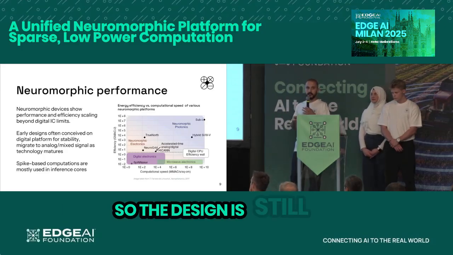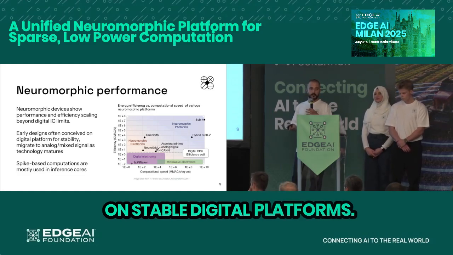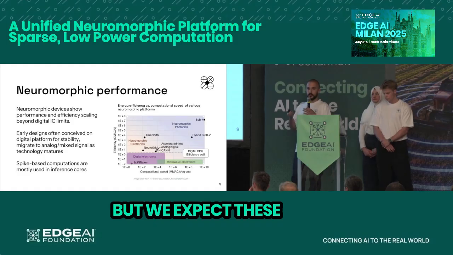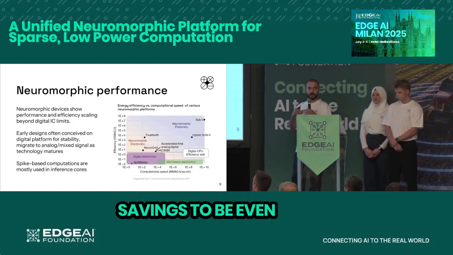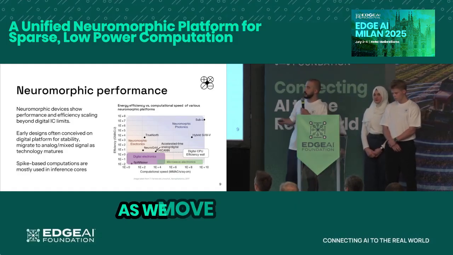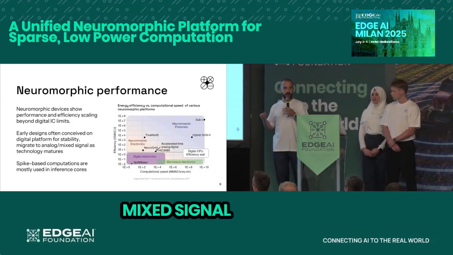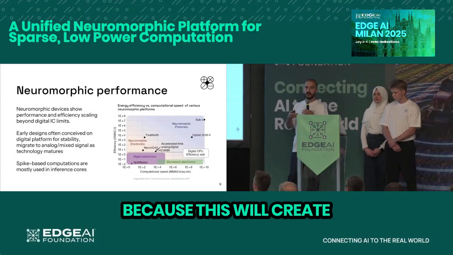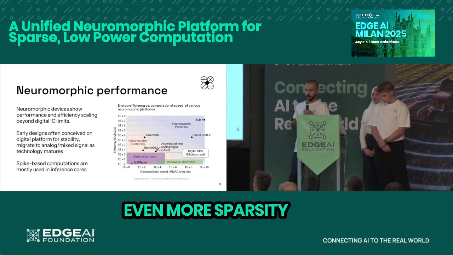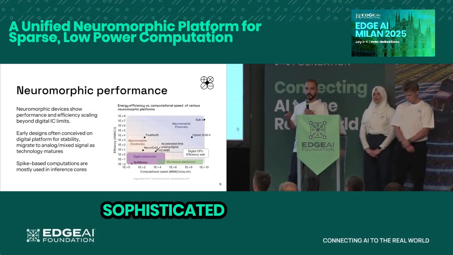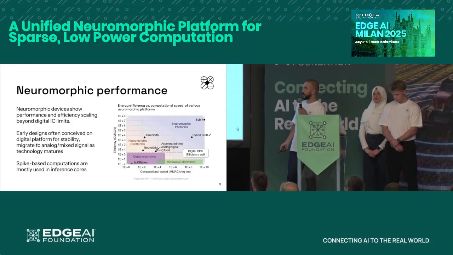The designs are still based on stable digital platforms, but we expect these power savings to be even bigger as we move to analog or mixed-signal substrates, because this will create even more sparsity, or it will allow more sophisticated processing of this information.